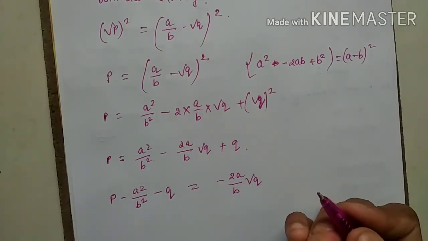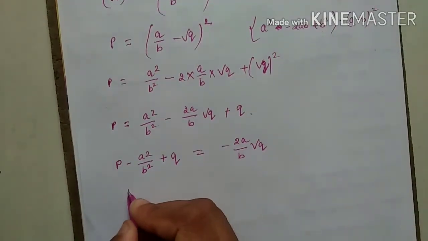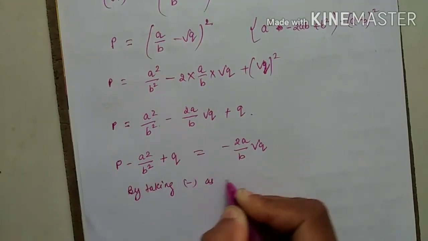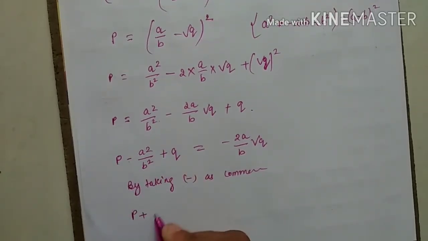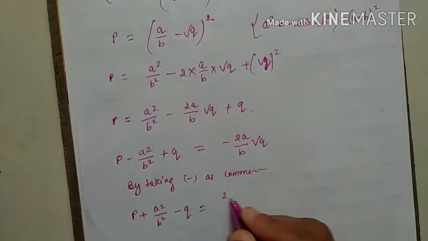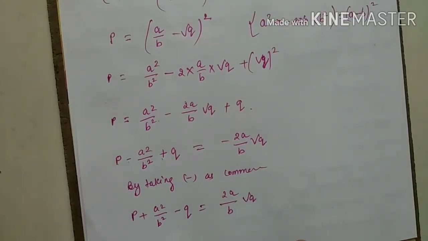I put it this one as it is here. You can see I am taking minus as common, so sign will be changed. So by taking minus as common, you can see p, this negative becomes positive, a square upon b square, this positive becomes negative, this negative becomes positive. Correct. This is what I am getting. After that you can see here this format, p plus a square upon b square minus q.